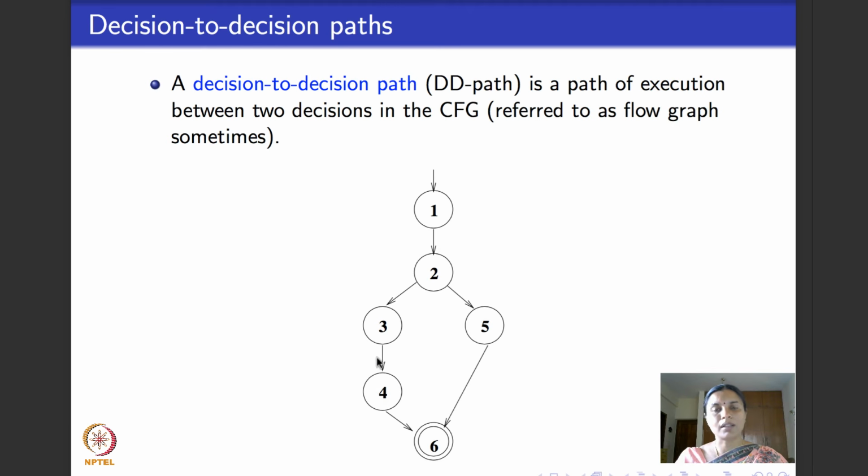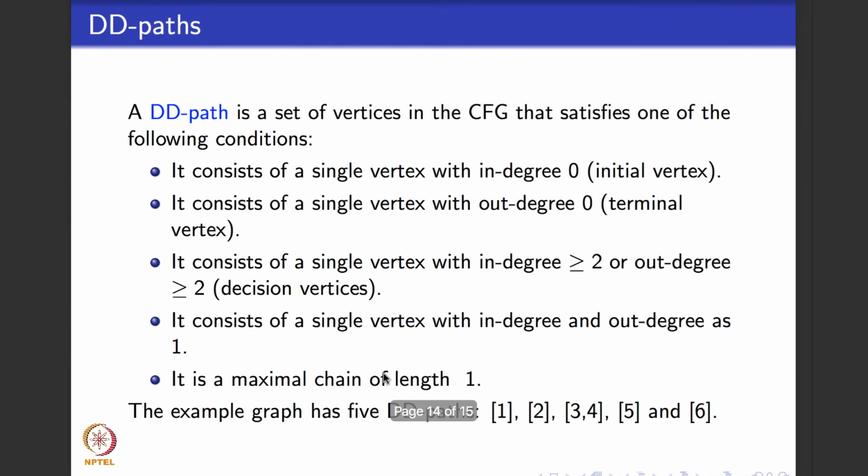So this is another DD path. So totally for this graph, there are 5 DD paths: the initial vertex, the final vertex, the decision point 2, vertex 5 which has in degree and out degree 1, and the maximal chain 3, 4. All of these satisfy one of these conditions. That's what is written here. The example graph that we saw has 5 DD paths, which are listed here.